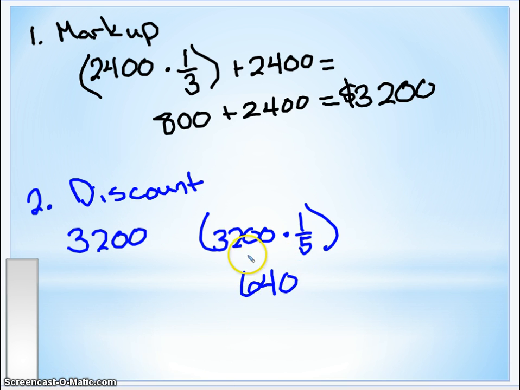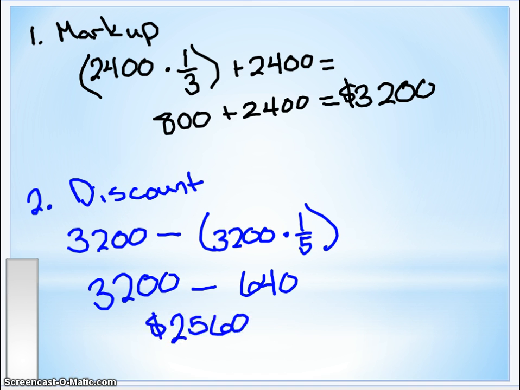So they are saying we're going to take this price off. Well, to take it off means subtract. So $3,200 minus $640 equals $2,560. Now, if you notice, they had a price of $2,400, said it was going to be $3,200, and gave you a discount, so you paid $2,560. Did you really save any money?